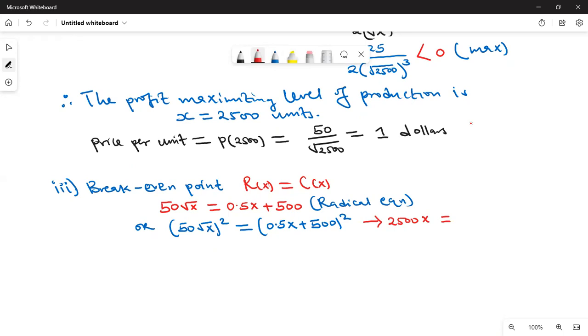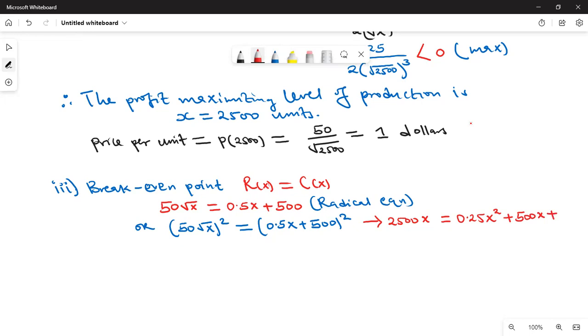Remember (a plus b) squared is a squared, that is 0.5 squared, which is 0.25 x squared, plus 0.5x times 500, that will give us plus 500x, then plus 500 squared.